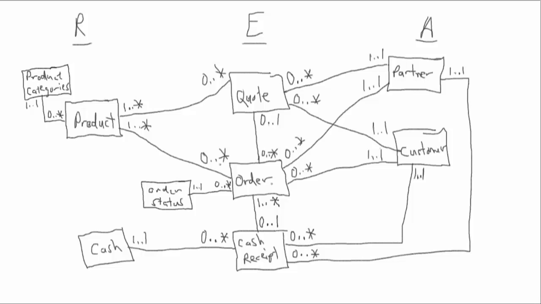Now we need to also support the business rule that tells us we want to assign partners based on product categories. So now we have the category class to be able to do that.